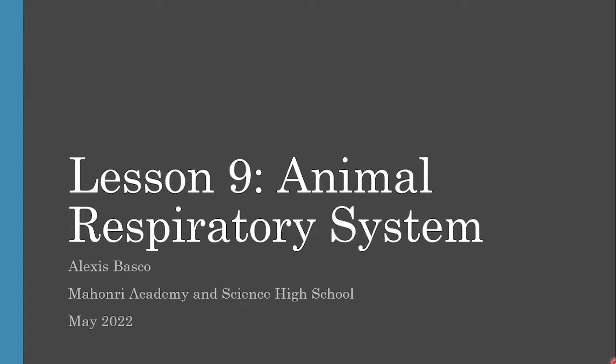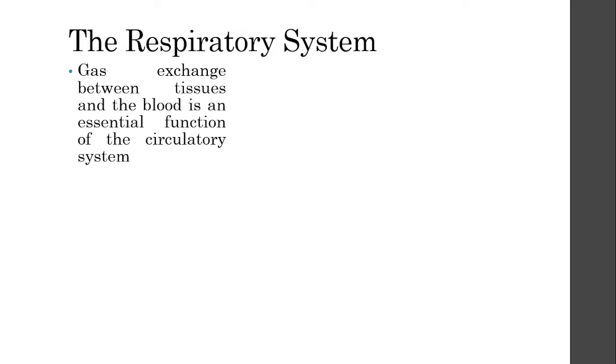This is lesson 9, in which we are going to talk about the animal respiratory system. So what is the respiratory system? Basically, this is the system that we use to undergo gas exchange, which means this is the system that we use to breathe air, which contains the oxygen necessary for the cells to undergo cellular respiration.